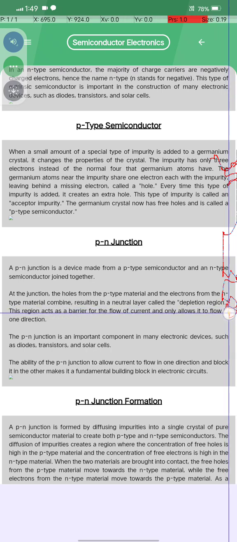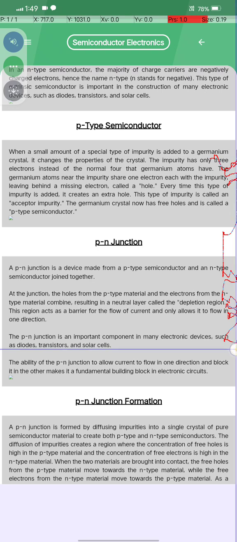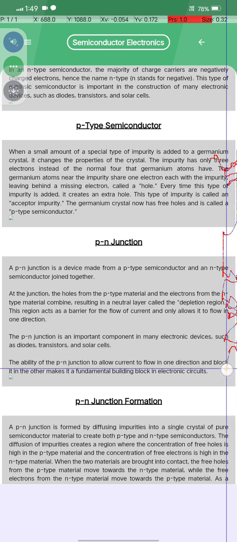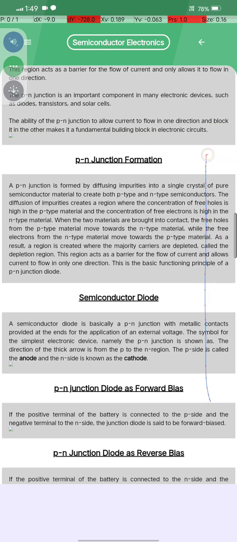This region acts as a barrier for the flow of current and only allows it to flow in one direction. The pn junction is an important component in many electronic devices such as diodes, transistors and solar cells. The ability of a pn junction to allow current to flow in one direction and block it in the other makes it a fundamental building block in electronic circuits.